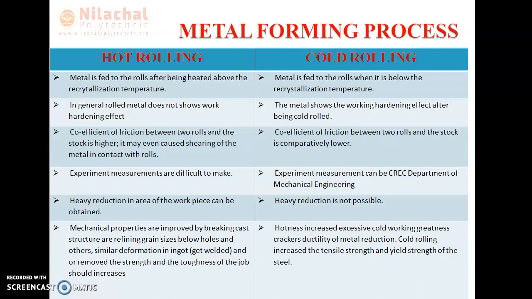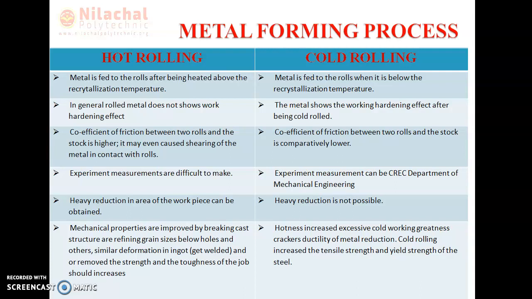Metal is fed into the rolls after being heated above the recrystallization temperature in case of hot rolling. But as we know, in cold rolling we are not heating the material at all. We directly put it into the roll at atmospheric temperature. In general, hot rolled metal does not show work hardening effect. That means in the hot rolling case, but in the cold rolling case, the metal shows the work hardening effect after being cold rolled.